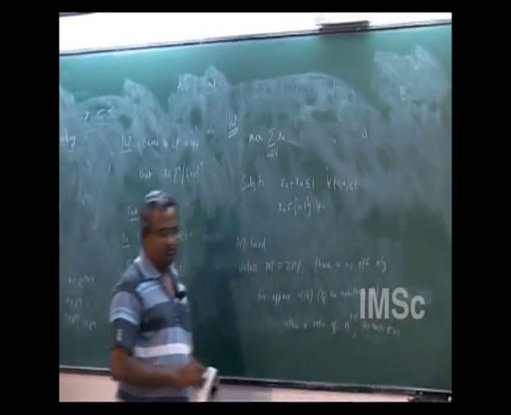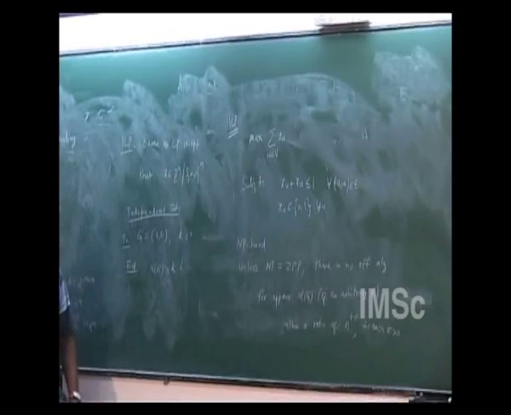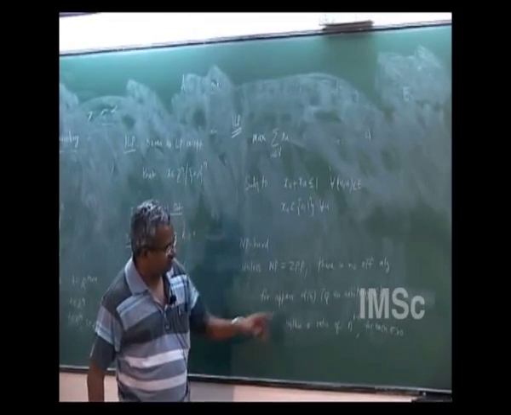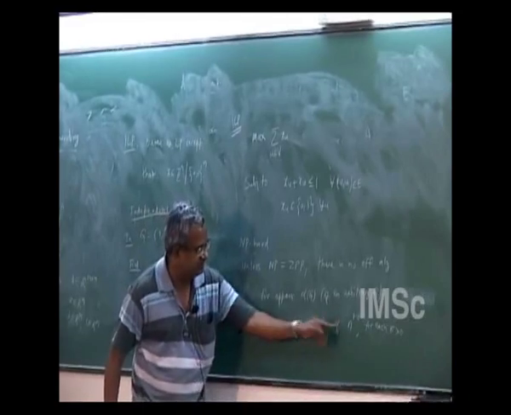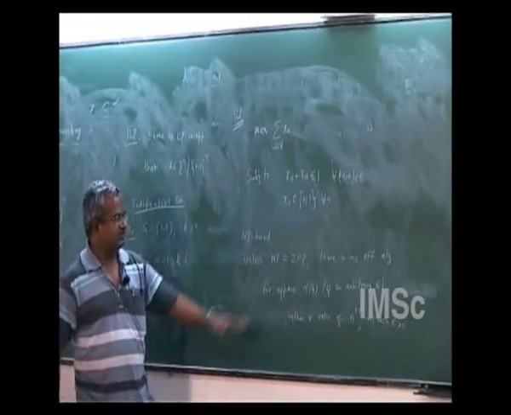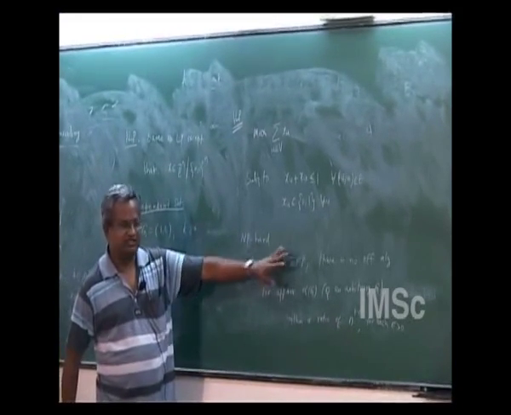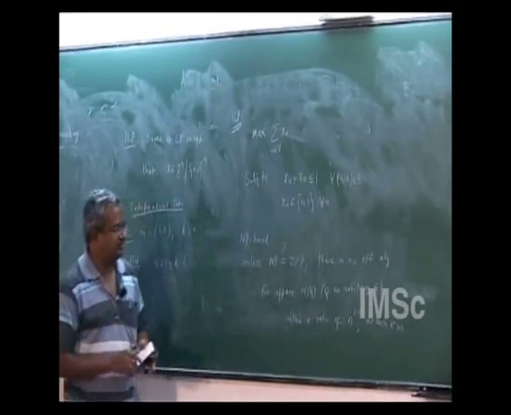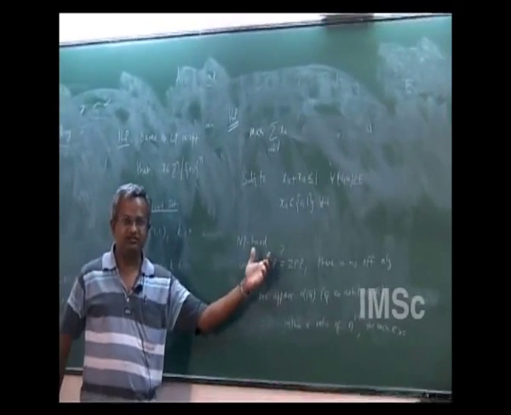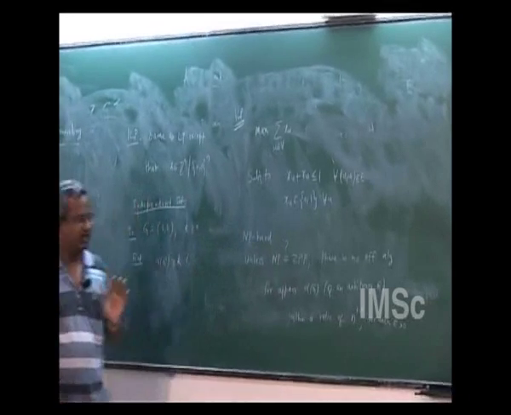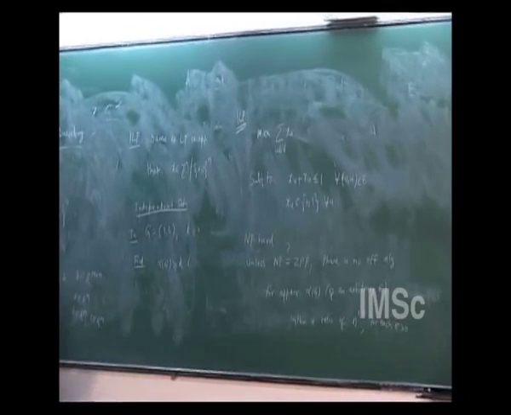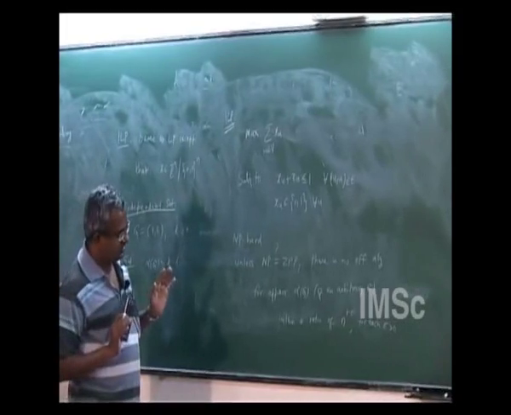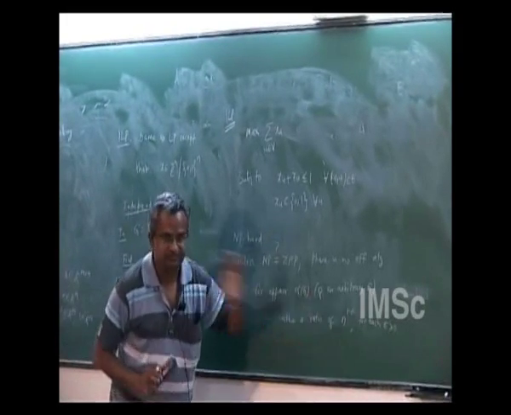So for every epsilon, however small it may be, you cannot hope to have an efficient algorithm for approximating alpha of G within this ratio unless some such thing happens. I may be slightly wrong in this, I don't remember exactly what this complexity assumption is, which is widely not believed to be true. So it is very unlikely to have good efficient algorithms to approximate independent set even within this multiplicative ratio.